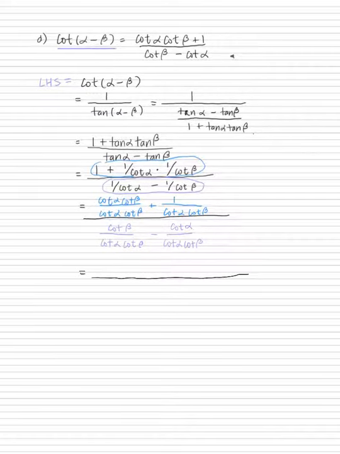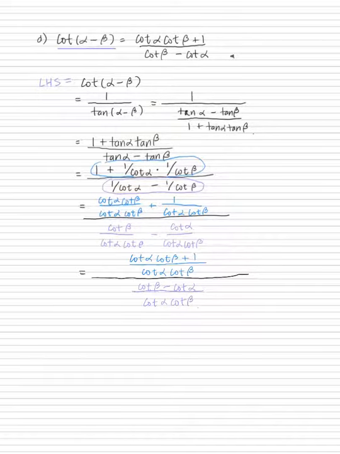Okay, so the numerator looks like we're going to have cotangent of alpha, cotangent of beta plus 1, whole thing over cotangent of alpha, cotangent of beta, and whole thing over cotangent beta minus cotangent of alpha, whole thing over cotangent of alpha, cotangent of beta.